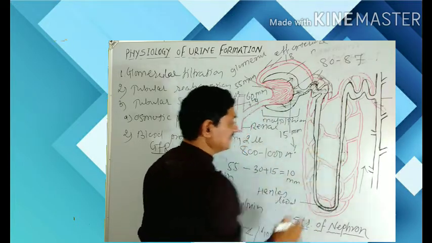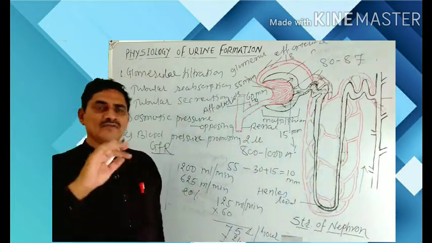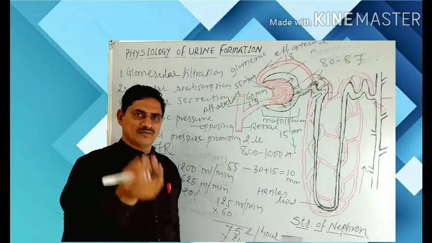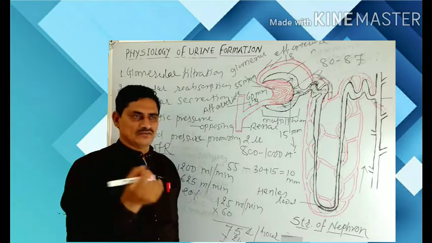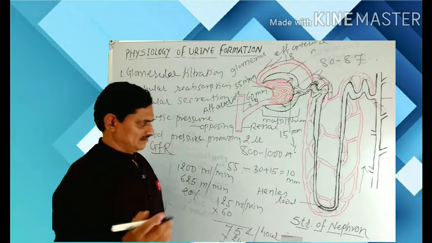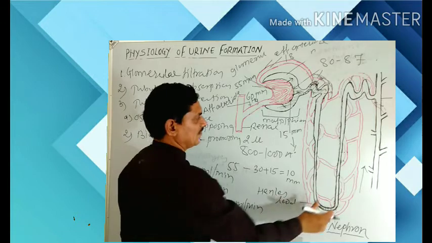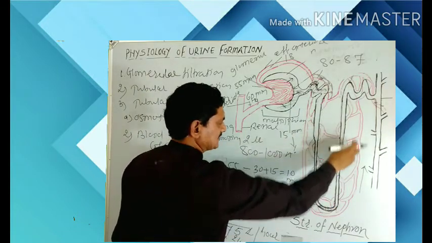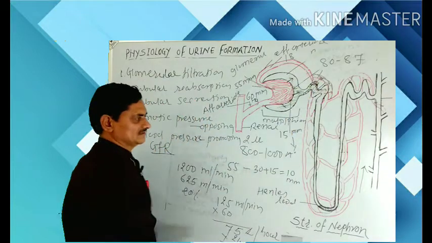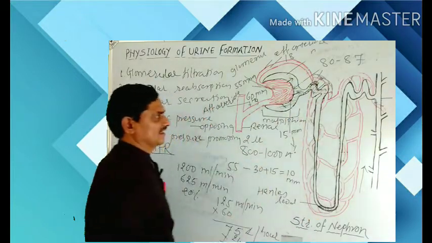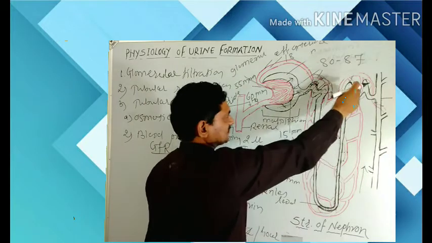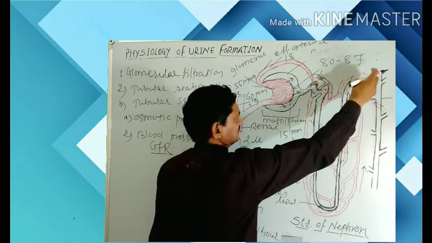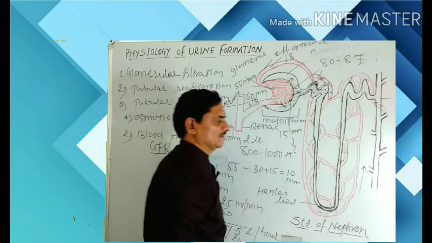In this ascending limb, 25% of potassium, nearly 25% of sodium, and other components are absorbed, and the remaining substances are again reabsorbed by the distal convoluted tubule.